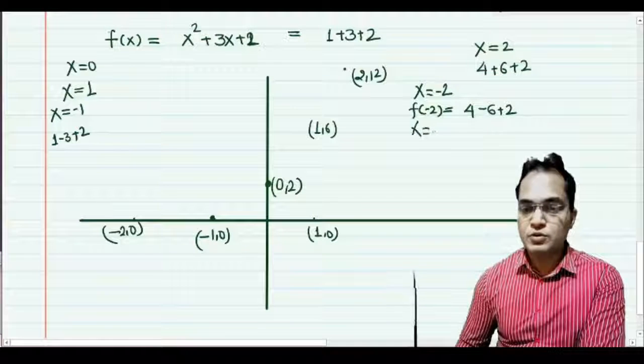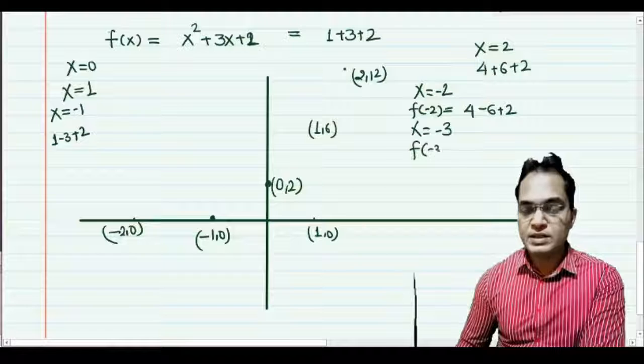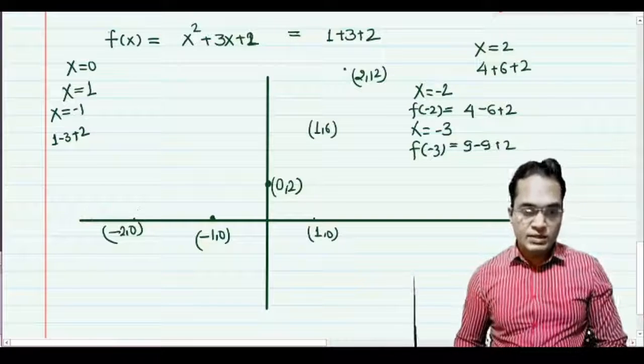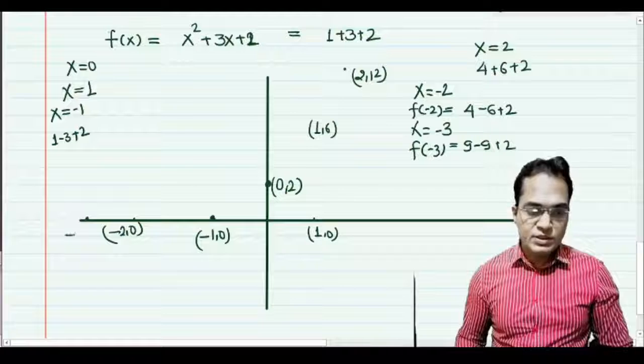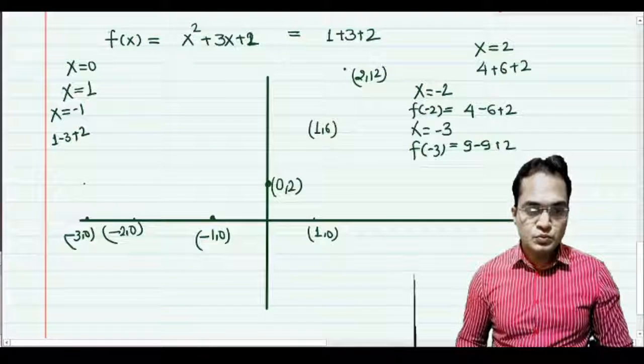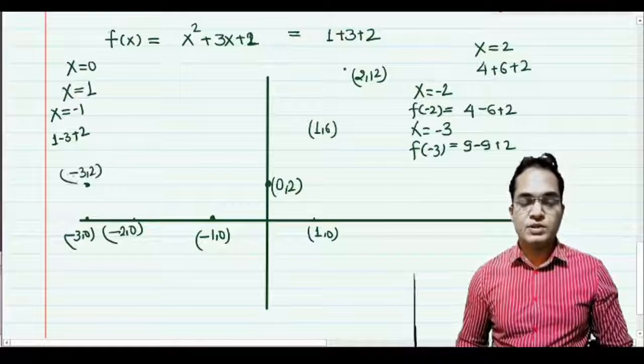Then put again something. Let x equals -3. Then what will be f(-3)? Check your answer. It is 9 minus 9 plus 2. Now it is positive, so at -3 it will give 2, which means this is the point (-3, 2). Yes or no?